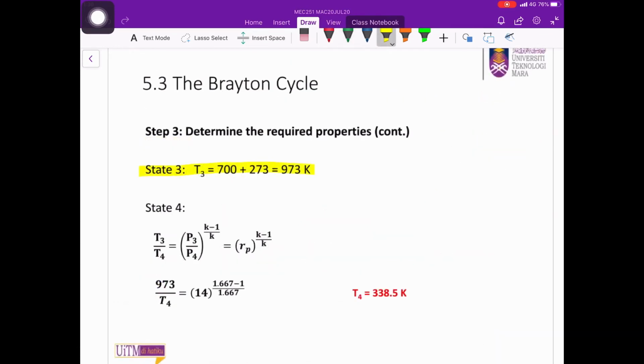Next, for state 3, this information has also been given in the question, which is 700 degrees Celsius, and when we convert into Kelvin, we get the value of 973 Kelvin. In order for us to find the temperature at state 4, we are going to use the isentropic relation between the temperature and pressure, and we get T4 equal to 338.5 Kelvin.